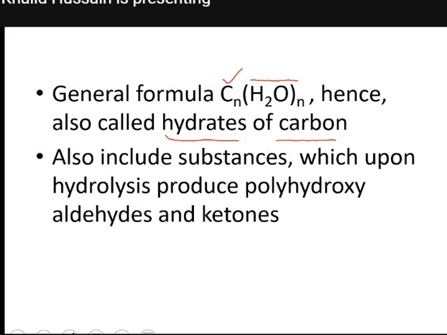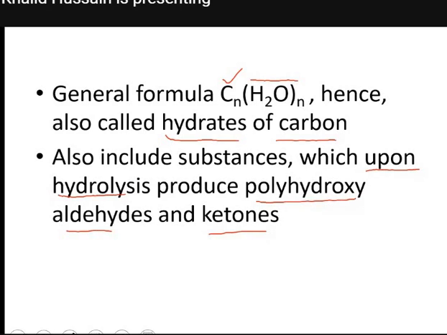Among these carbohydrates, other substances are also included, which upon hydrolysis produce polyhydroxyaldehydes and ketones.